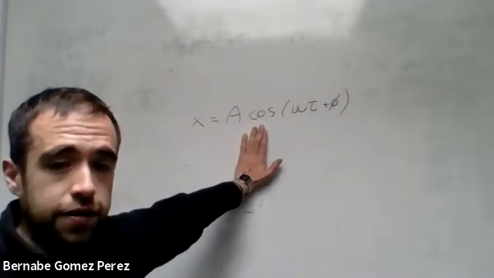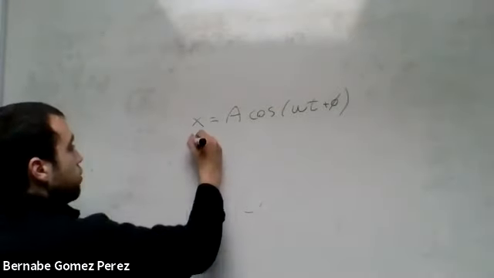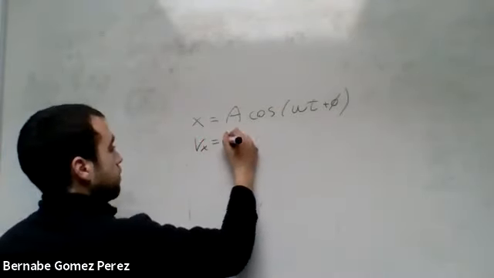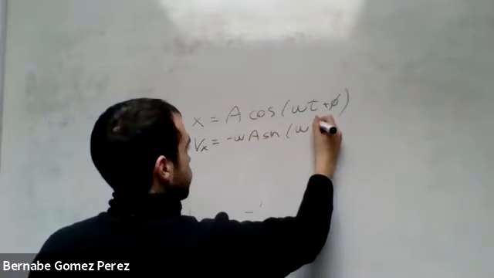This is always like that, right? Do you recognize this equation, guys? Or v is equal to minus W A sine of Wt plus phase?